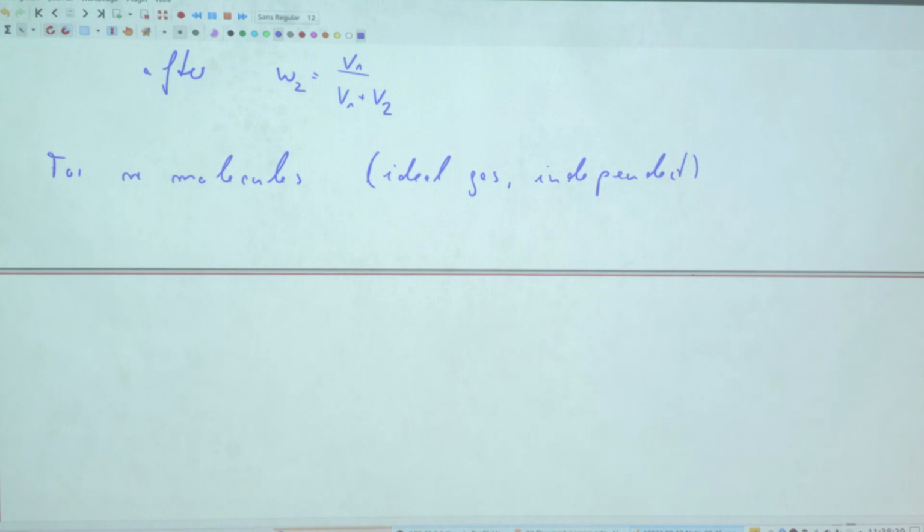I want to use an uppercase N here. And for example, we can use 1 mole of gas, and we have this number of molecules, just the Avogadro number.